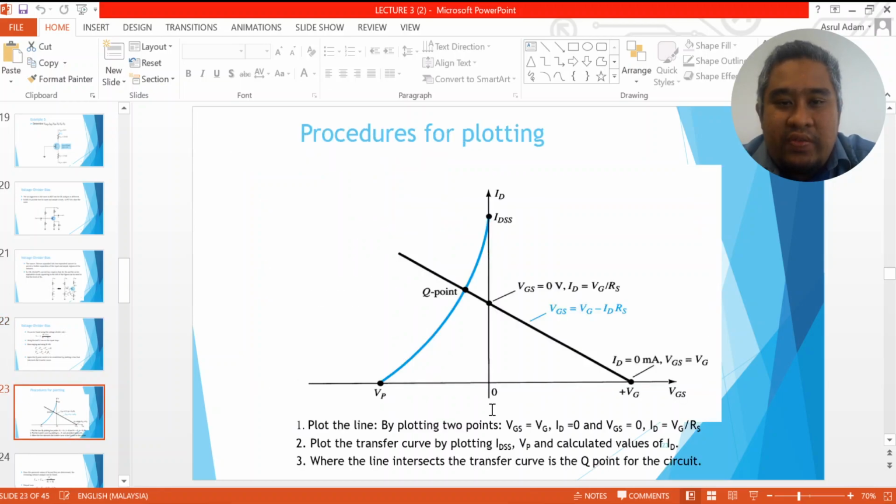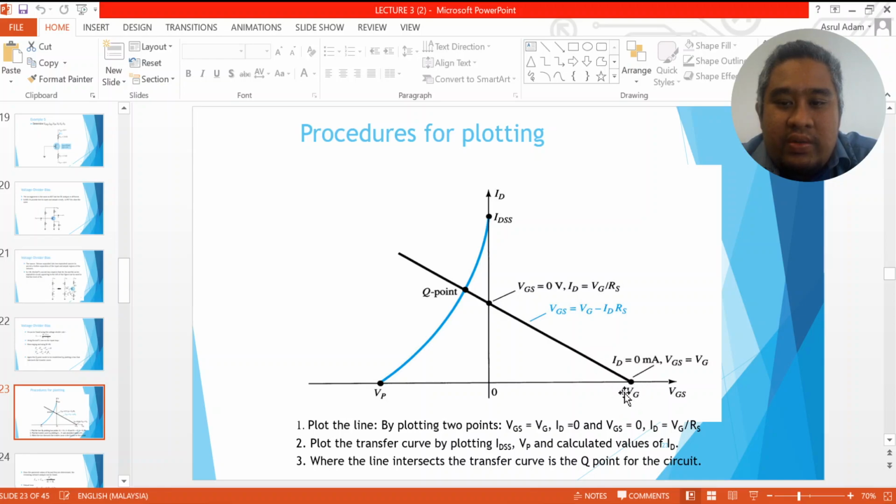By using a graphical approach, first we have to plot the characteristic curve. This blue line is the characteristic curve, plotted by using the shorthand method. Remember the table: when IDSS and VP values are given, we can plot this blue line. Then we have to find these two points.